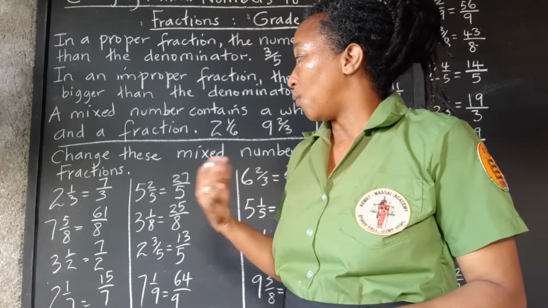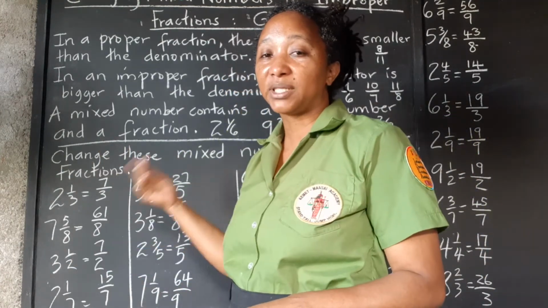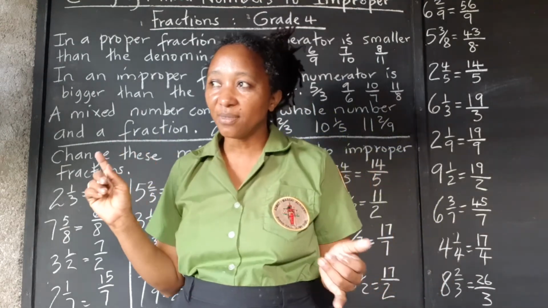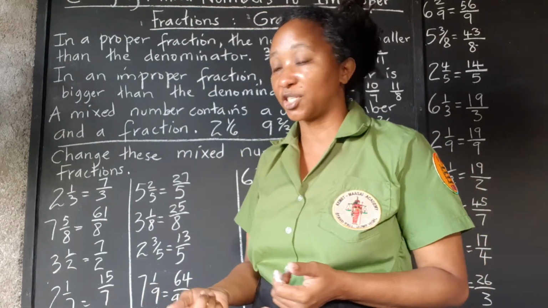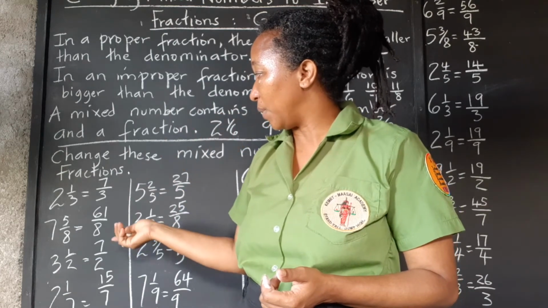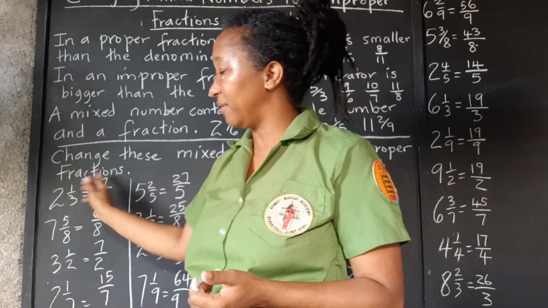Now, we will need to change mixed numbers to improper fractions when we're doing some parts of addition of fractions. So when we're adding fractions, we may need to change one to the other and vice versa.